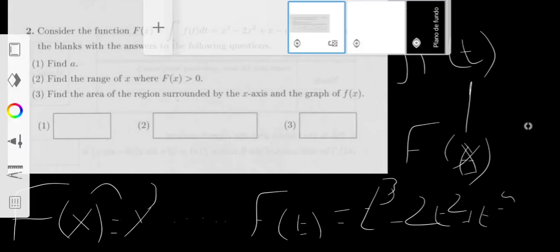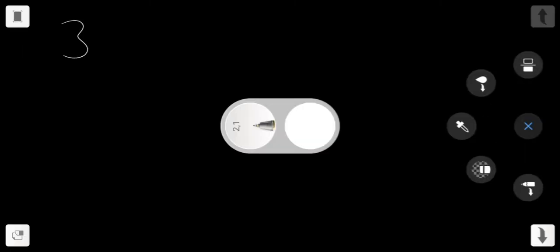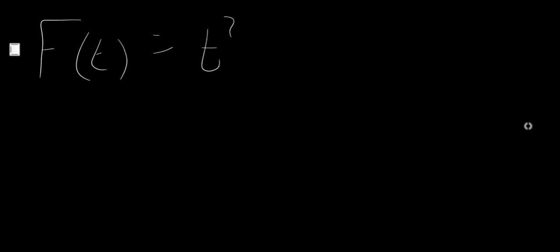Now, what do we need to do with this? So, look, what did we find? We found that our big f of t is equal to t cubed minus 2t squared plus t minus a.